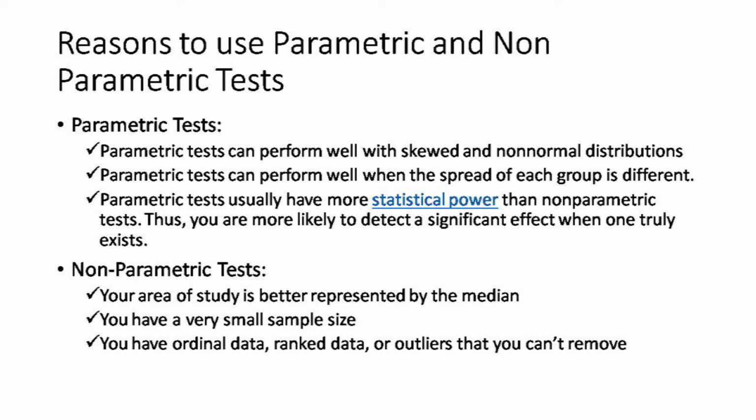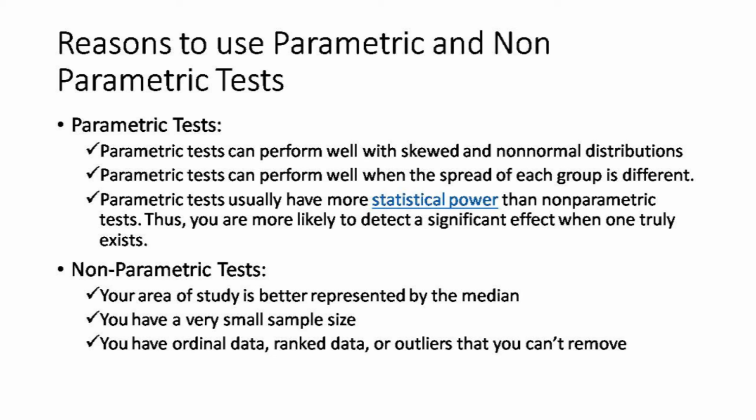Whereas non-parametric tests are used for an area of study which is better represented by the median, where we have a small sample size, and definitely where the data is ordinal or ranked, or there are outliers that cannot be removed from the data.